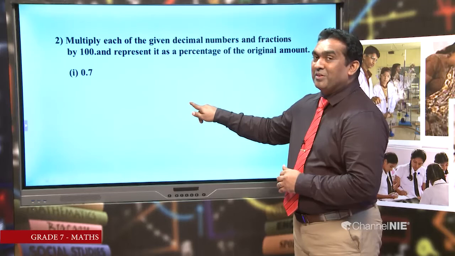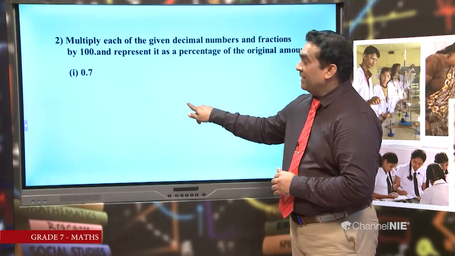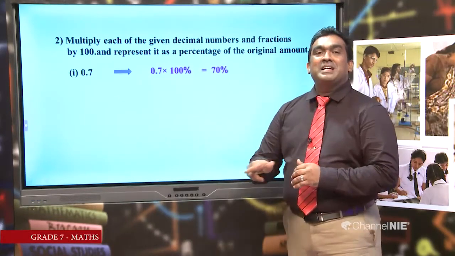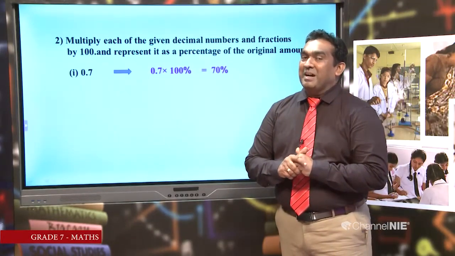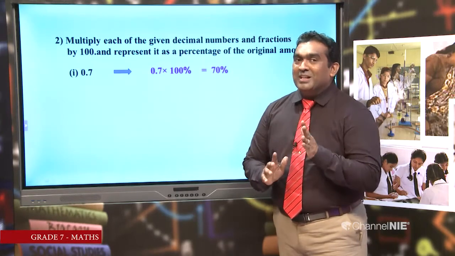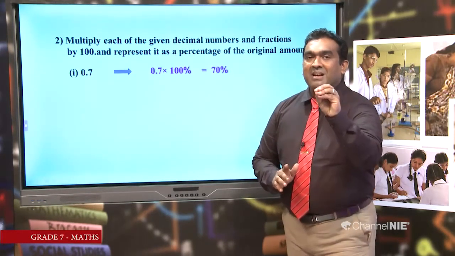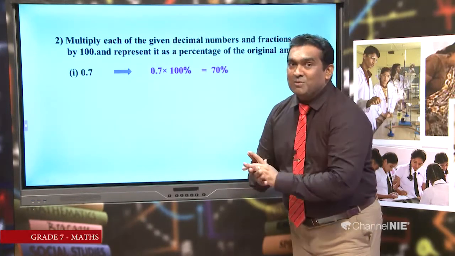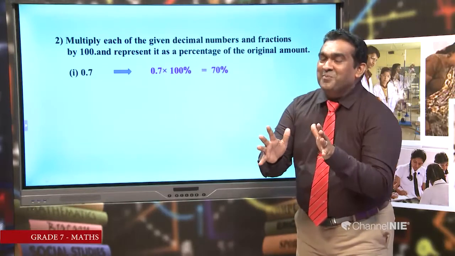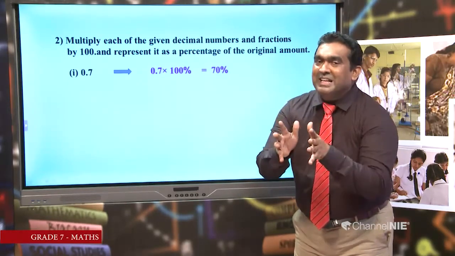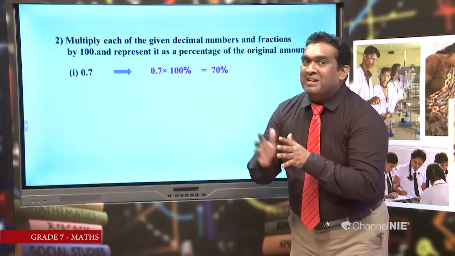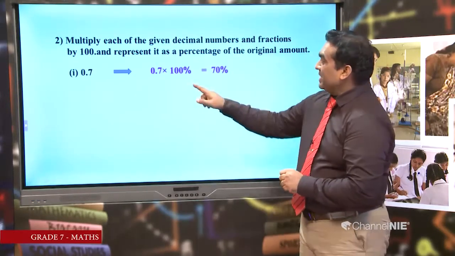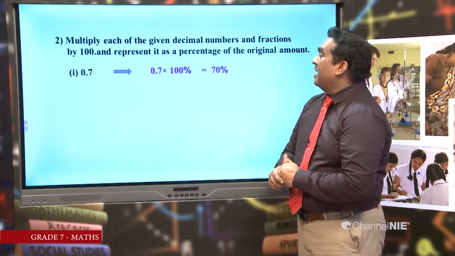Now look at the method. 0.7: directly you multiply 0.7 by 100 according to the concept. A fraction, directly you can multiply it by 100. Then the fraction is converted into a percentage. Likewise here, a decimal, directly you can multiply it by 100 without converting into a fraction. Right? 0.7 multiplied by 100.